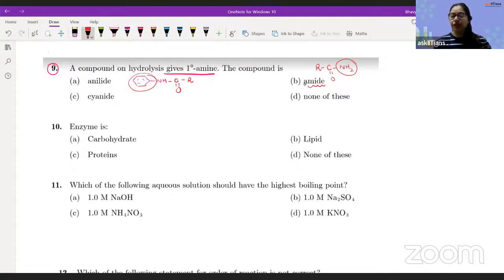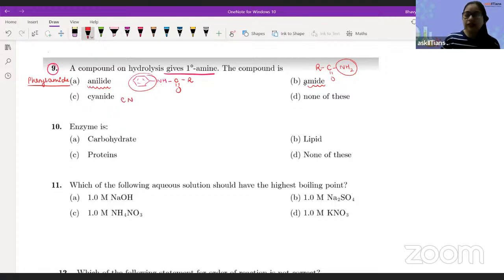The nitrogen can be substituted with an R group, or an aniline group. When it is substituted with an aniline group, we call it an anilide. We also call them N-phenylamides, that means the nitrogen is substituted with the phenyl group.